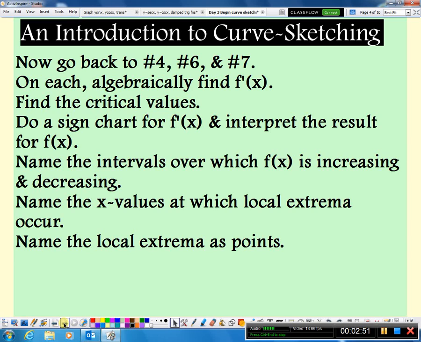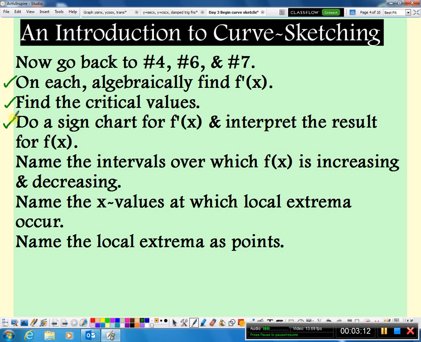So today, we're going back to 4, 6, and 7. The first thing we're going to do is find f prime of x. From f prime of x, we're going to find critical values. Once we have the critical values, we're going to do sign charts using f prime of x and making inferences about f of x.